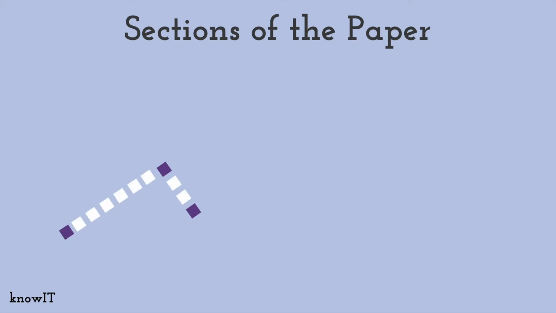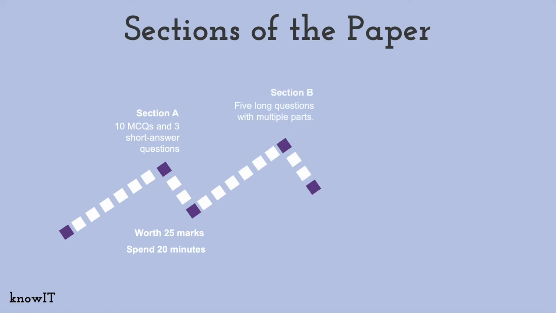So to begin with, there's section A, which consists of 10 MCQs and 3 short answer questions. This section is not that long, as you can probably infer from the fact that there are mostly multiple choice questions here. It's worth 25 marks, and you should spend around 20 to 25 minutes on it. Next, there's section B, which includes 5 long questions with multiple parts, which means there are sub-questions inside each of the 5 questions.